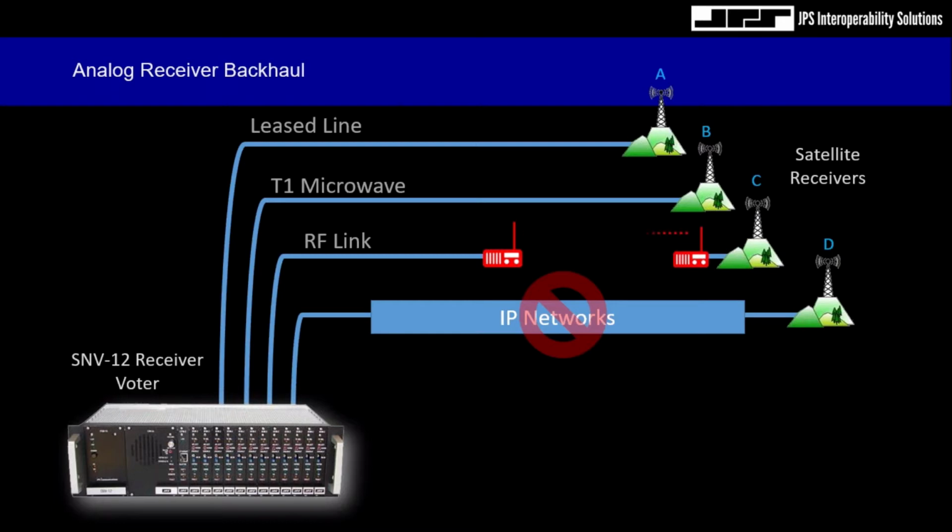Because of the effects of network jitter and audio compression, voting algorithms are typically unable to mitigate those ill effects of digital backhaul. So for many years, JPS did not advocate the use of RoIP to deliver receive audio to the SNV12 voter.